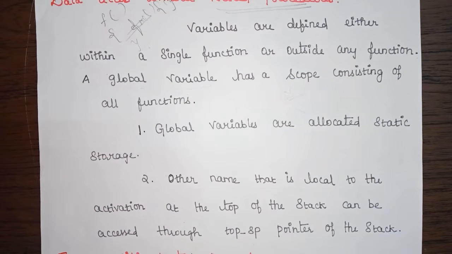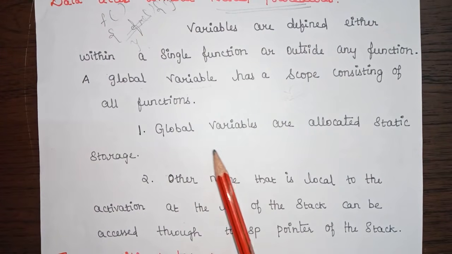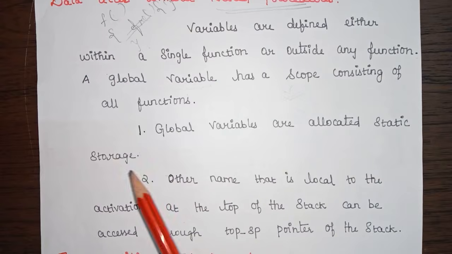When we consider languages that do not support nested procedure declarations, the allocation of storage for the variables and access to these variables are very simple. Whenever a language doesn't have nested procedures, variable allocation and access are very simple. Global variables are allocated static storage. We know the classification of storage, right?